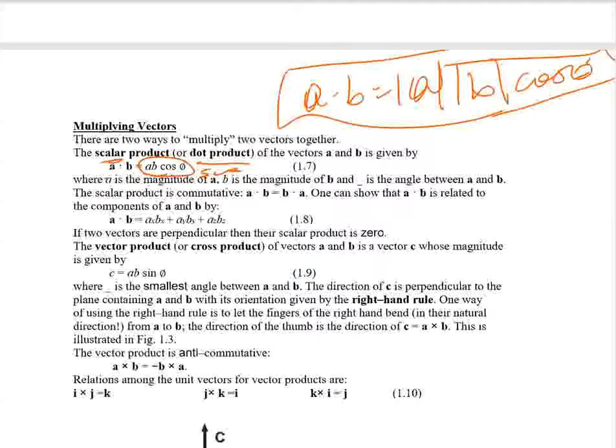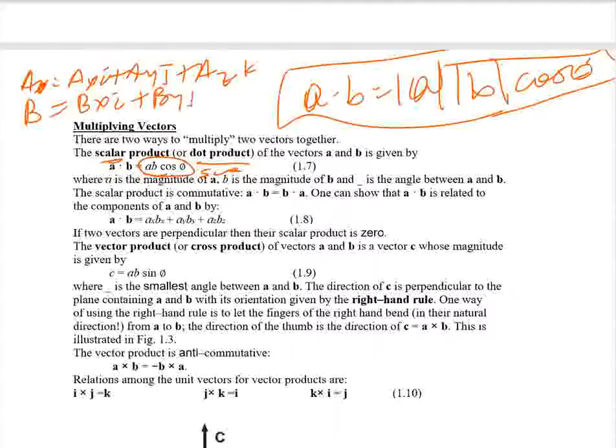But if they are in terms of components, always they multiply the similar directions. That means if vector a is equal to ax in the i plus ay in the j plus az in the k, and vector b is equal to bx in the i plus by in the j plus bz in the k.